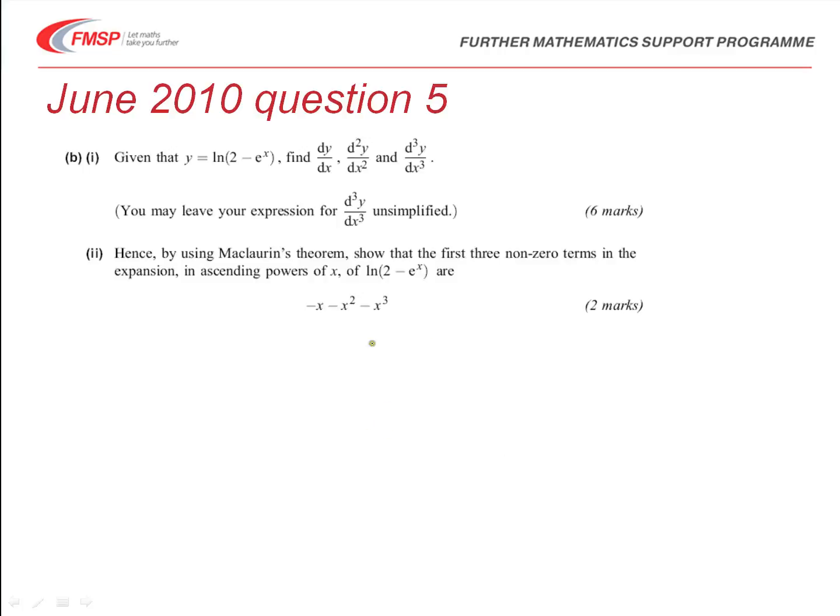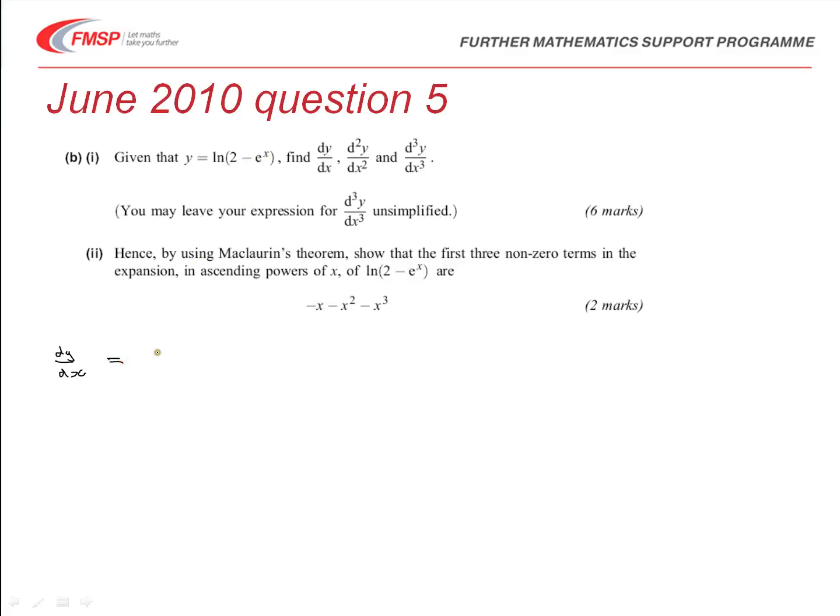Now in this part, we're being asked firstly to find the first, second and third differentials of y equals ln of 2 minus e to the x. So, find dy by dx. We know that the differential of the log function is 1 over, but then we've got to use the chain rule to differentiate the 2 minus e to the x.